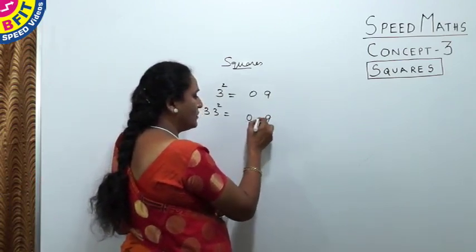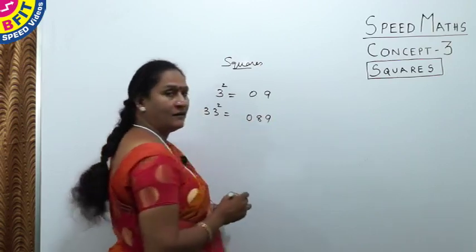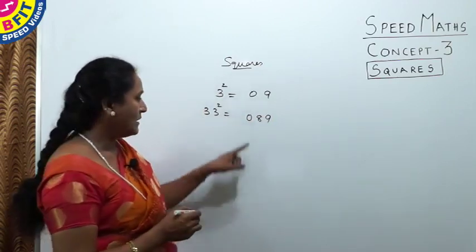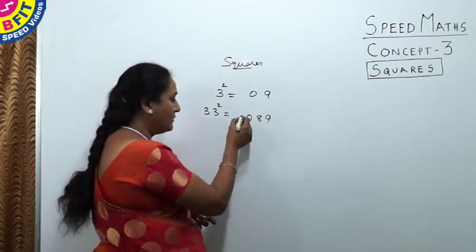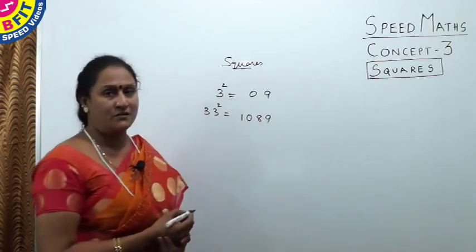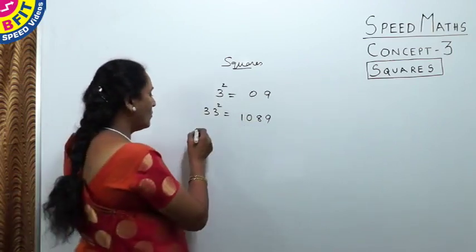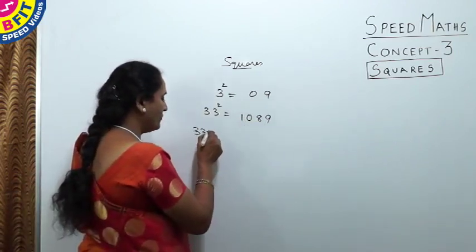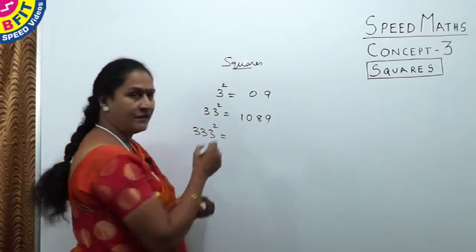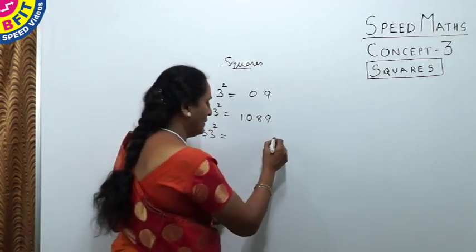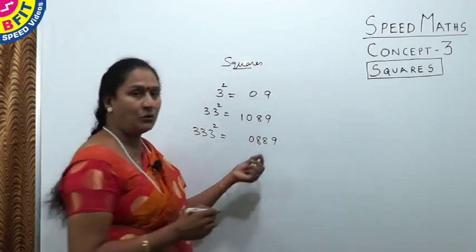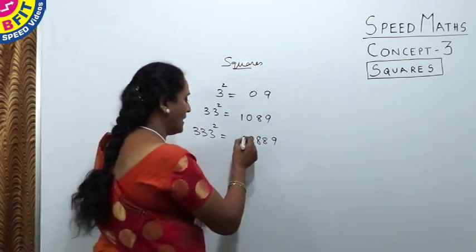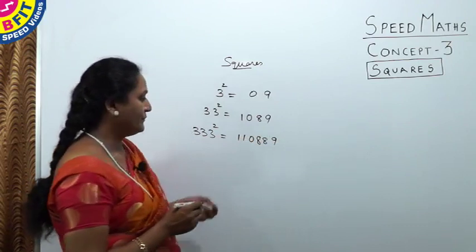Between the 0 and 9, write 1 less than 9 after the 0, and before the 0 write 1 more than 0. And now, what will be the square of three 3s? So 9 and 0, and write two 8s and two 1s.